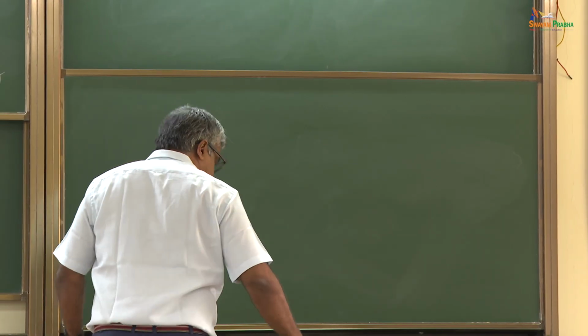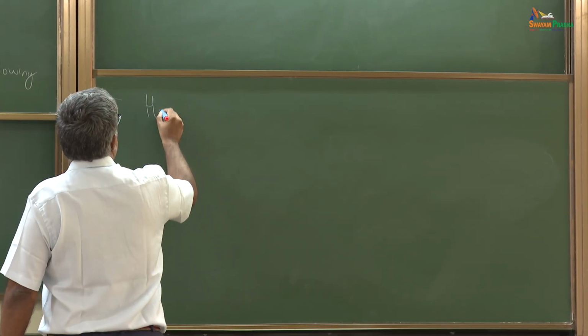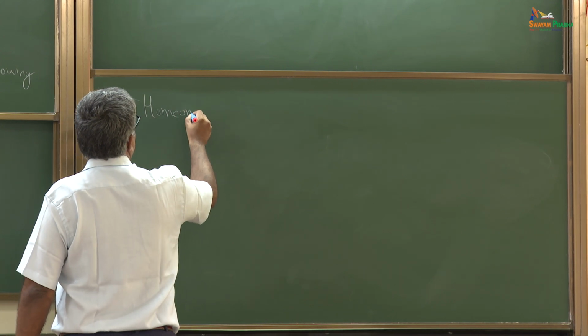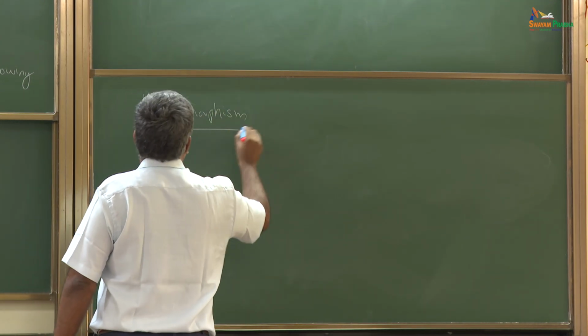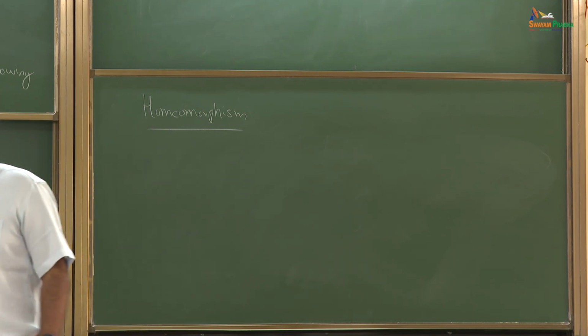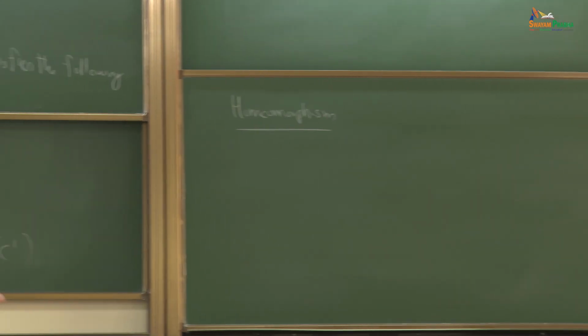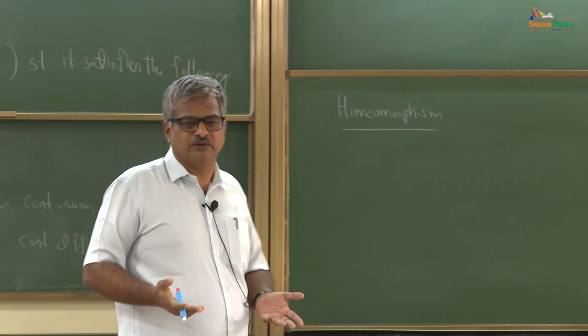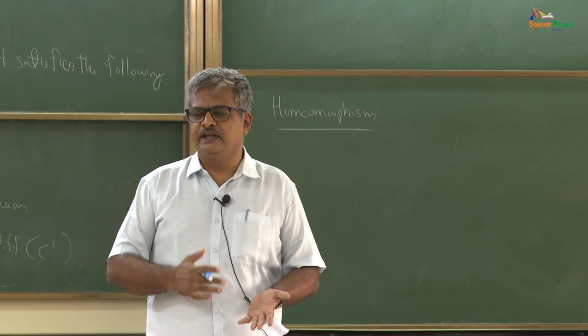Yeah, so I need a notion of homeomorphism. What is this homeomorphism? Well, some of you might have heard of isomorphism. In linear algebra, we say two vector spaces are isomorphic if there is a linear bijection between them, or you require linearity plus bijective.